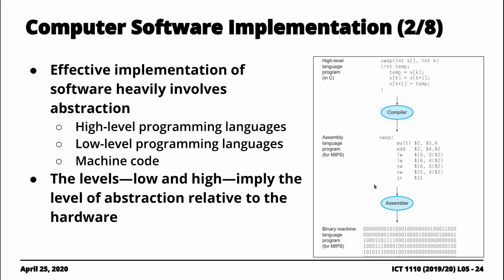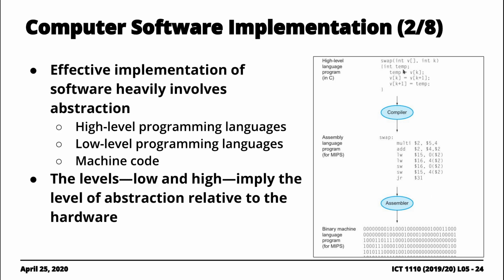And so what this screenshot here is showing is the same piece of code being presented using a high-level programming language, in this case C, and using low-level programming languages, assembly language or MIPS, and machine code, right? So you immediately notice here that you can understand things like swap, right?